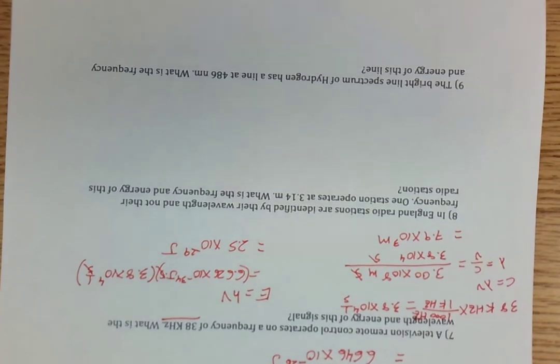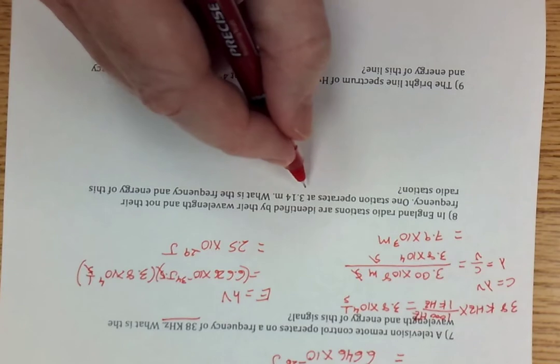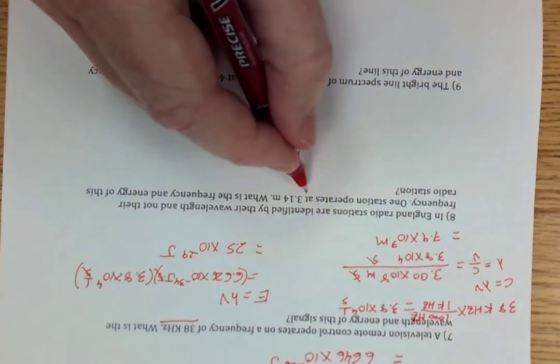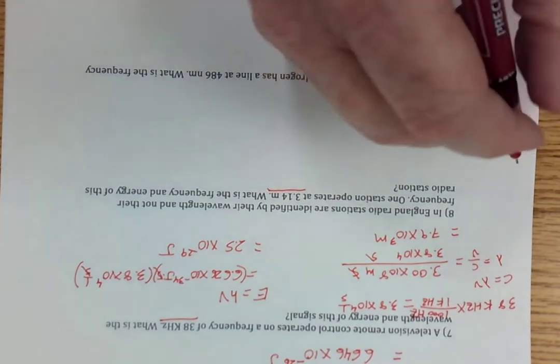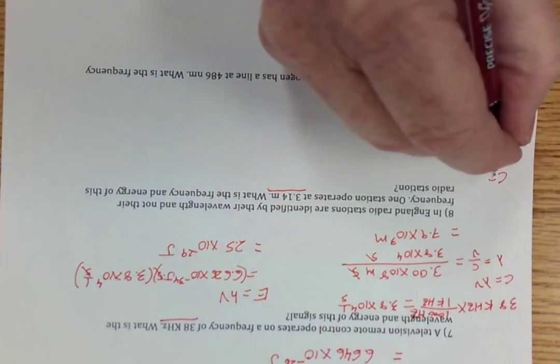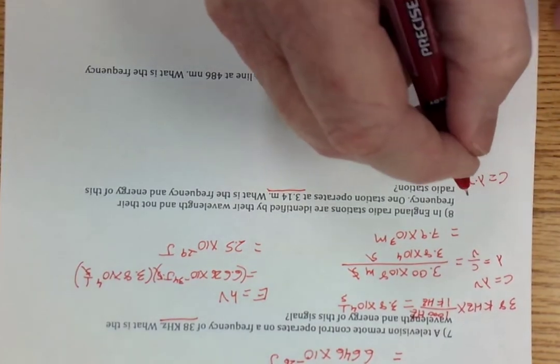Okay. Now, we've got a British radio station, and it's identified by a wavelength of 3.14 meters. What is its frequency and energy? All right, we can do that. c equals lambda times nu.